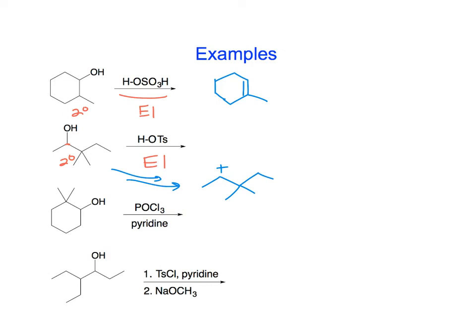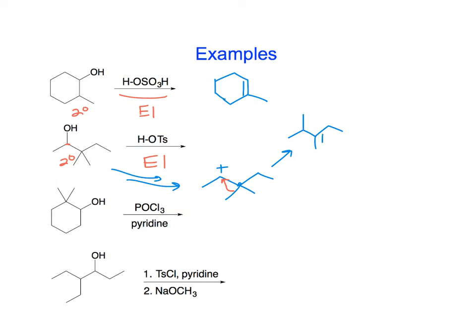And notice that this center next to the carbocation has two different types of groups. It has two methyl groups and it has an ethyl group. So for the methyl, we've seen 1,2 methyl shifts. Okay, let's draw this one in. That would leave one methyl group here and one methyl group here.